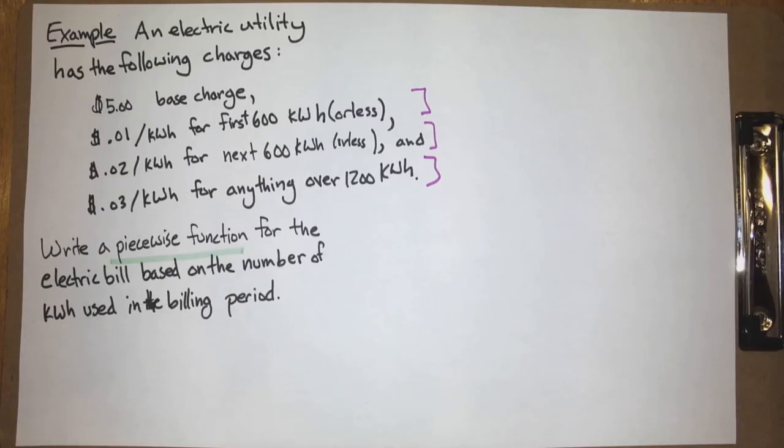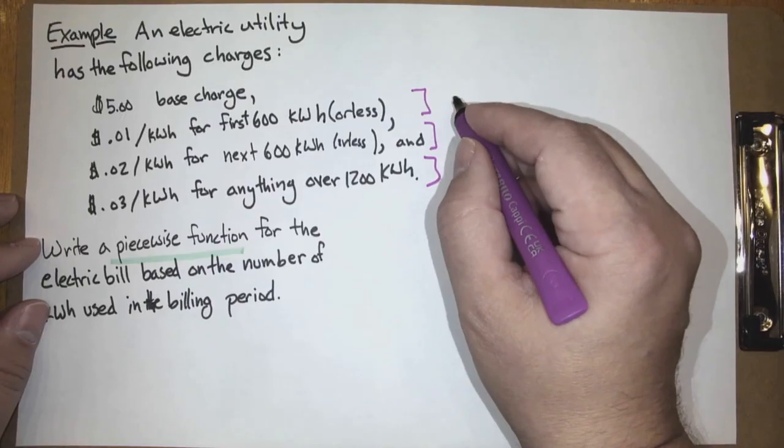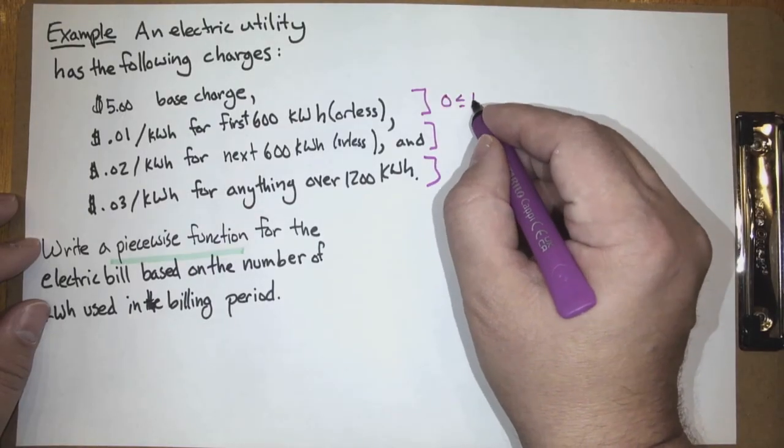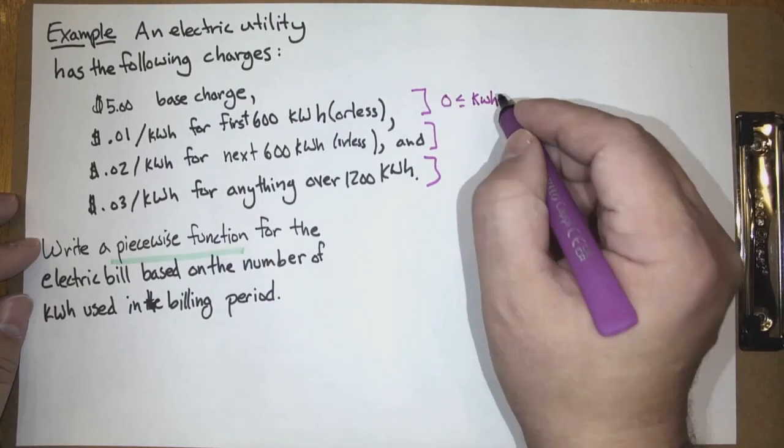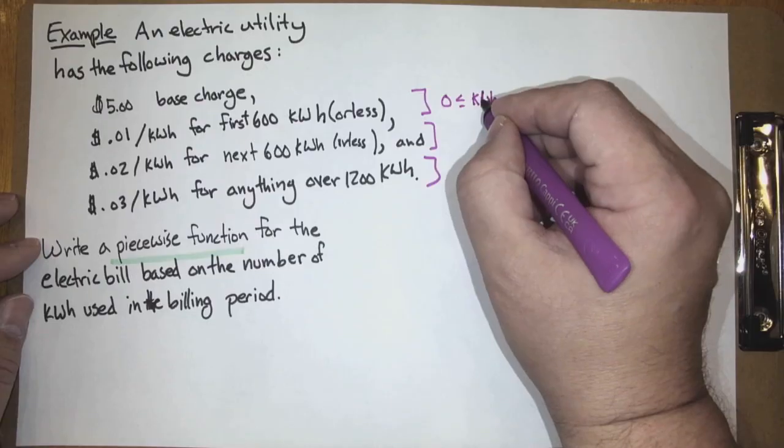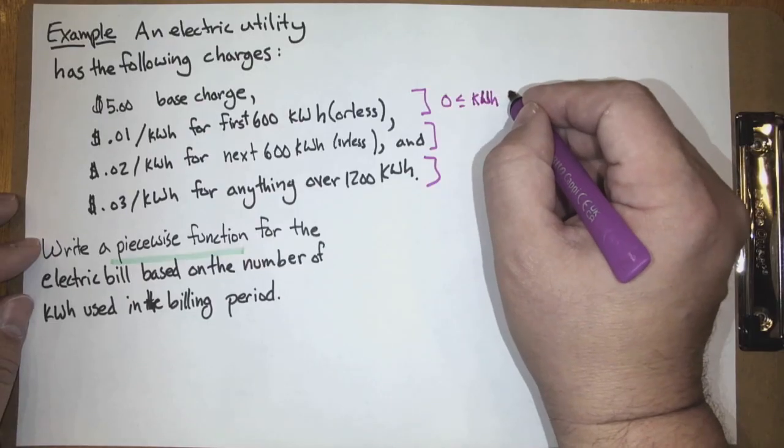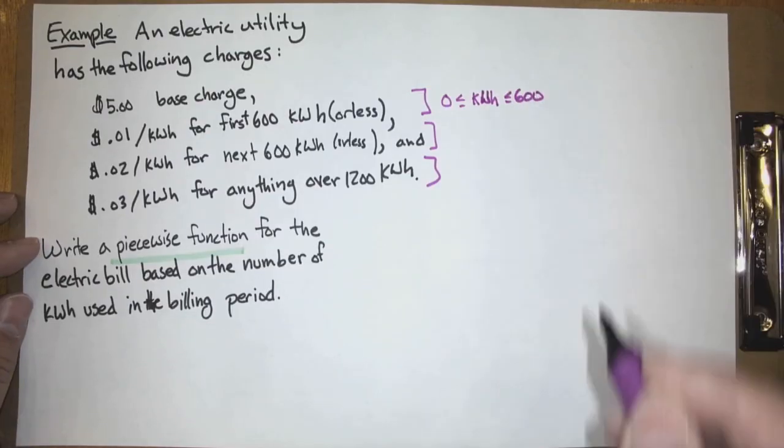I guess I shouldn't have used the word range because the domain of the first 600. So this is if your kilowatt hours, I guess I use a capital W, is between 0 up to 600.